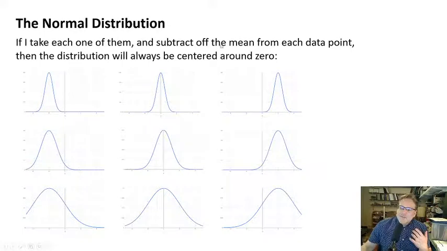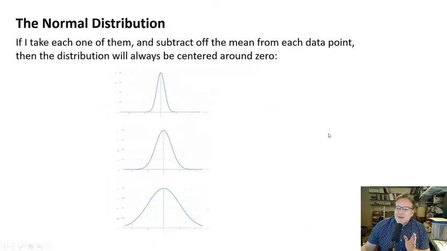So if I subtract off the mean from each one of these data points, remember we did that a little bit when we were calculating variances earlier in the semester. We would subtract off that mean from each one of the data points so that we would have departures. And then we had to square them and add all that up and all that sort of stuff. But when we're subtracting off the mean here, then we're going to get a distribution that doesn't look like this or like this. It's always going to be centered around 0.